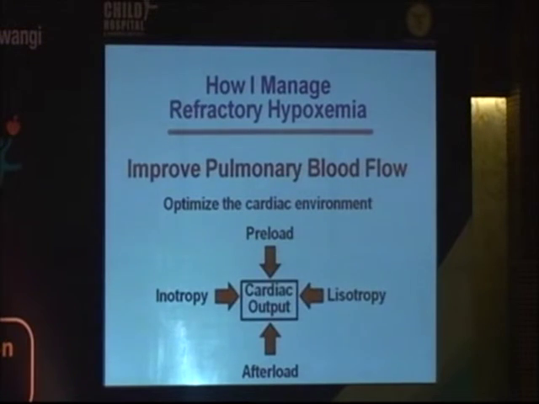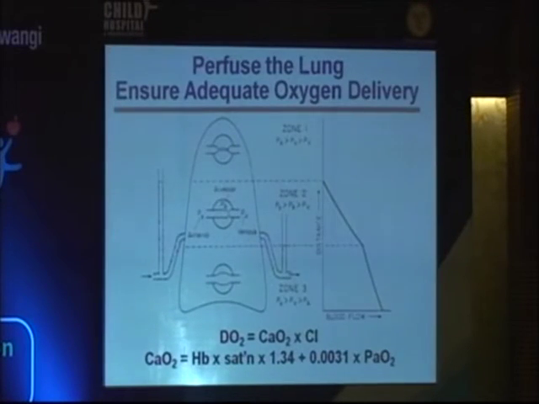Again, we need to make sure that we are perfusing the lungs with adequate blood flow, so in addition to euvolemic volume status, we may end up utilizing other things to improve cardiac output, including vasoactive inotropic agents, and especially for children, we may also utilize pulmonary vasoactive agents such as nitric oxide.